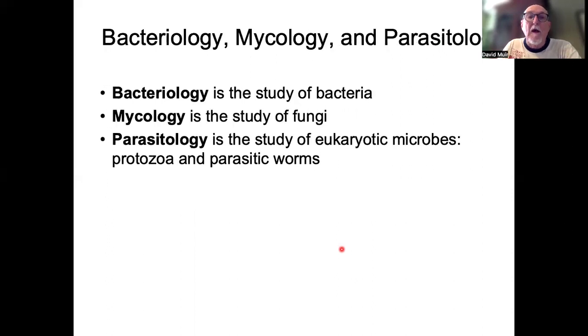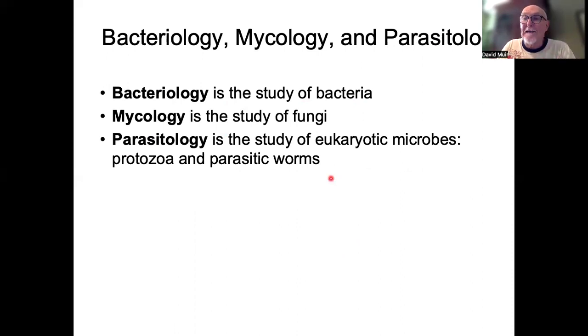So let me just tell you, first of all, that the field of microbiology has exploded into different major subfields. Bacteriology is the study of bacteria themselves. Mycology is the study of fungi. Parasitology is the study of eukaryotic microbes.